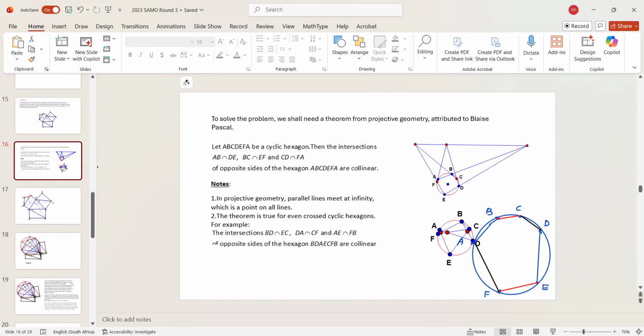They are collinear. Now, the fascinating thing about this is that you don't have to take these points in this order. You can take these points anyhow you want.